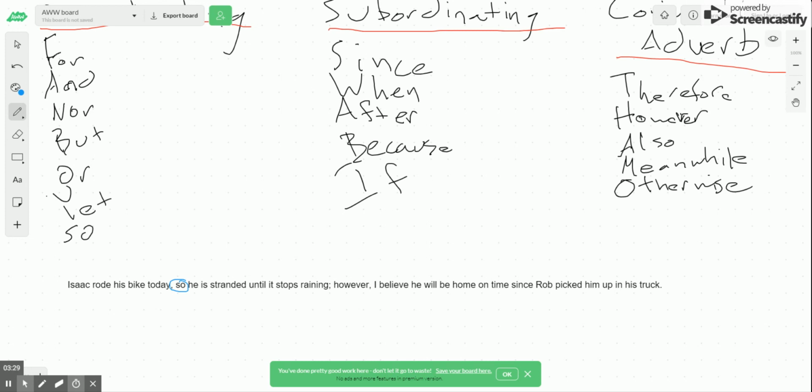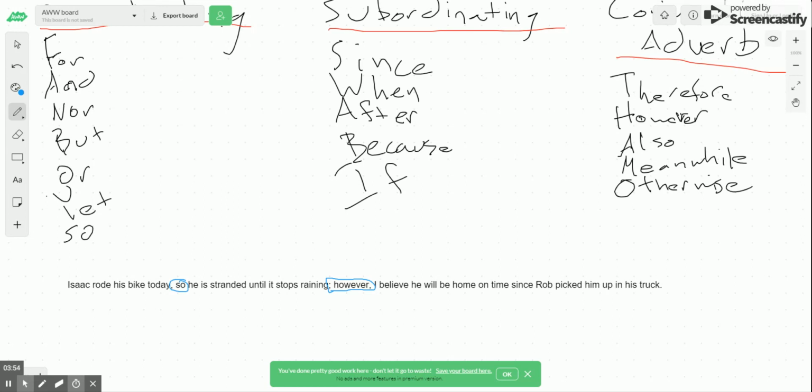Then we have this conjunctive adverb, however, which you may recognize from the last lesson, as it was in there with that semicolon, connecting the complete sentence before it and after it. I believe he will be home on time since Rob picked him up with his truck.